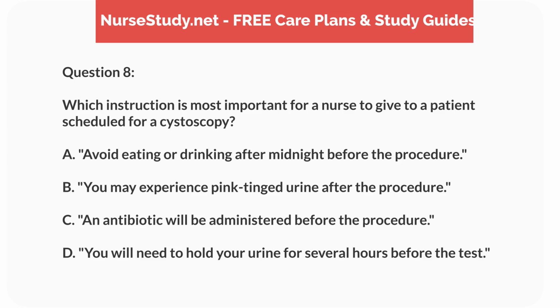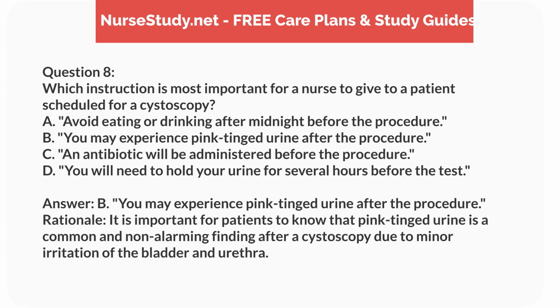D. You will need to hold your urine for several hours before the test. Answer: B. You may experience pink-tinged urine after the procedure. Rationale: it is important for patients to know that pink-tinged urine is a common and non-alarming finding after a cystoscopy due to minor irritation of the bladder and urethra.